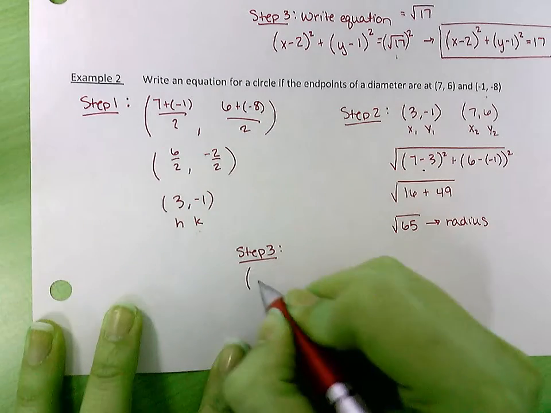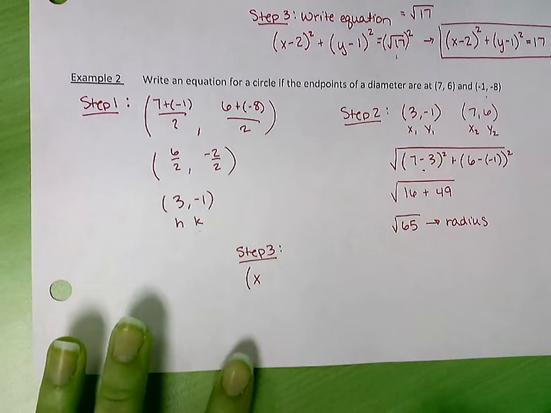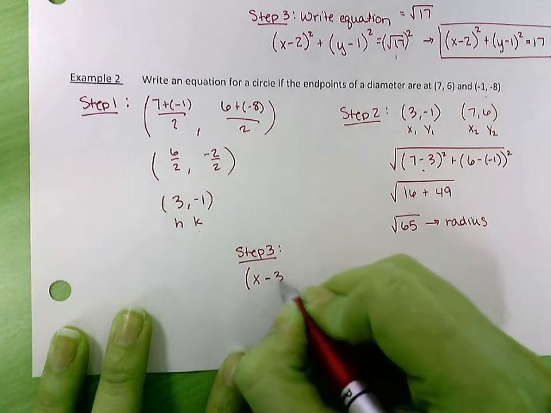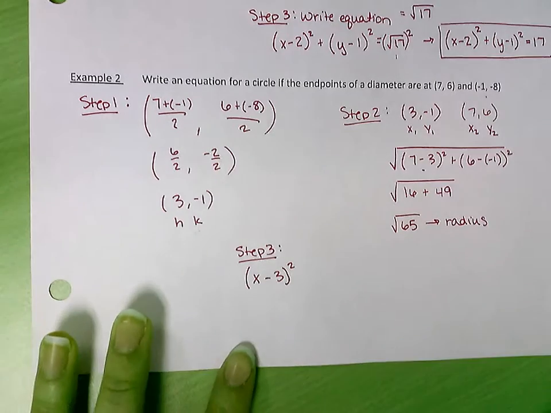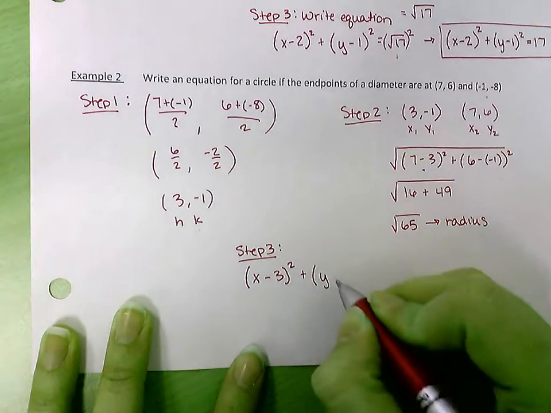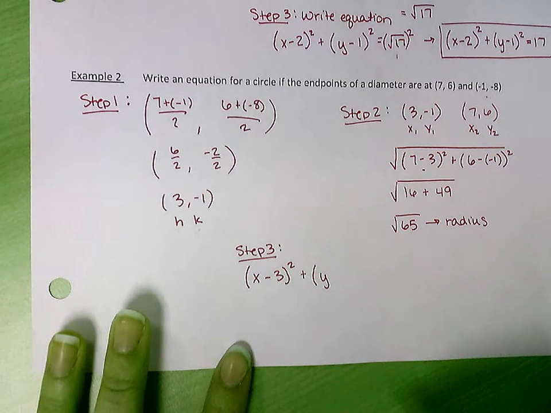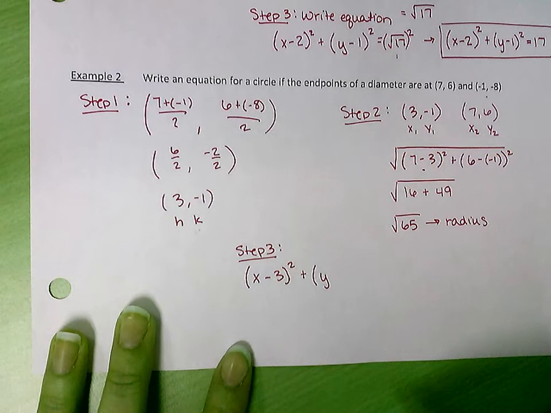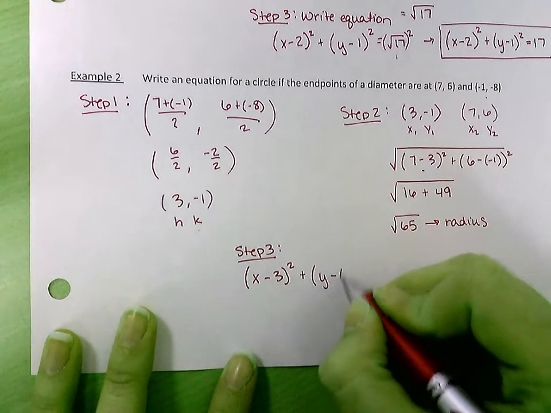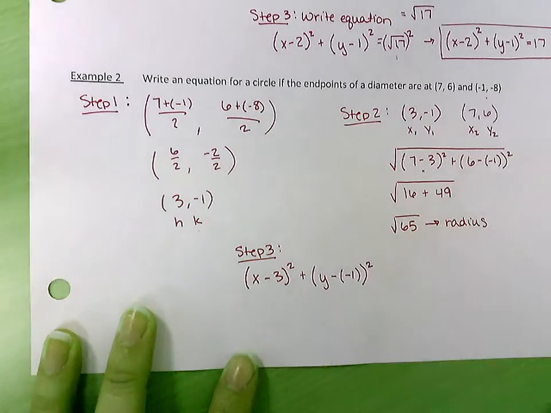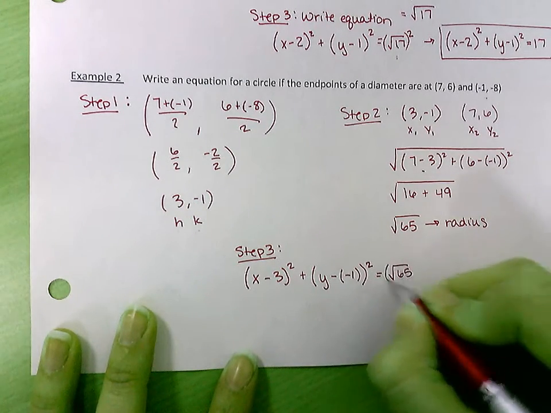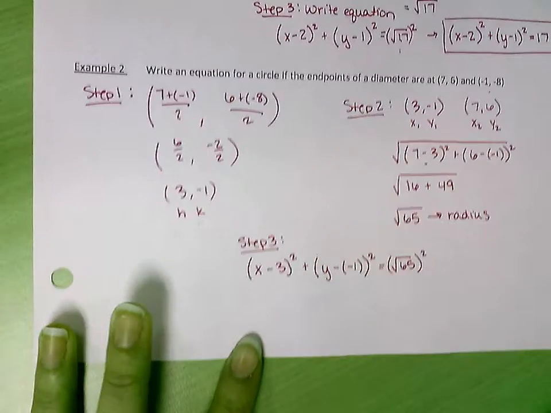So for my equation, I have (x minus h, which is 3) squared, plus (y minus k) squared, is equal to your radius squared.